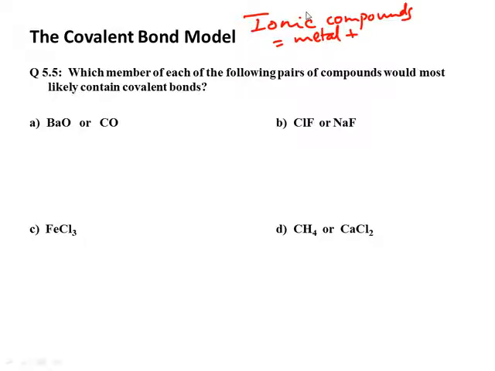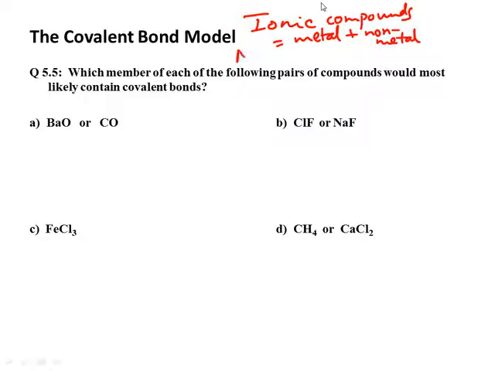And I say in general because one notable exception would be ammonium. Ammonium, NH4 plus, is an ion, makes ionic compounds, but does not have a metal in it. So you do have to be aware of that. So in general, yes, ionic compounds are metal plus non-metals, with the exception of ammonium.